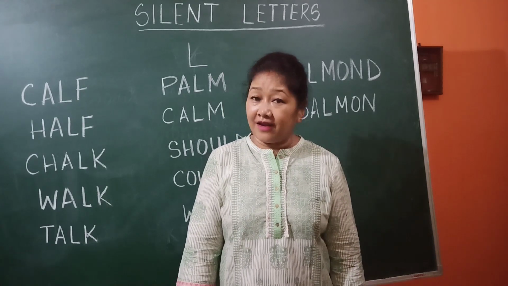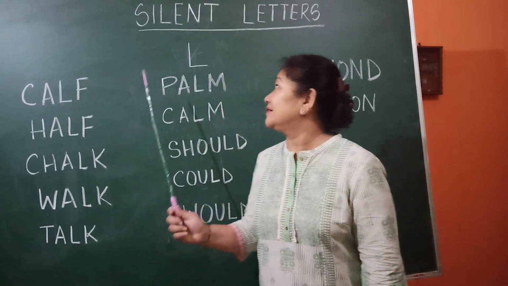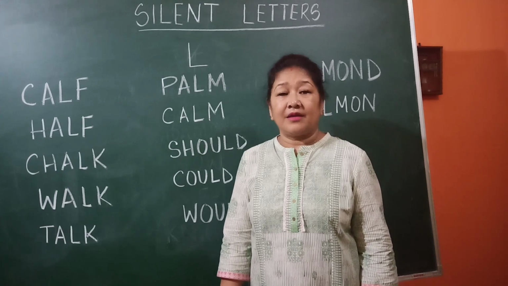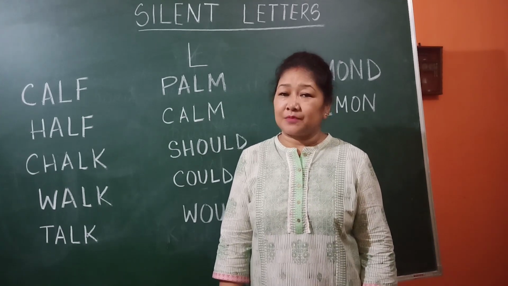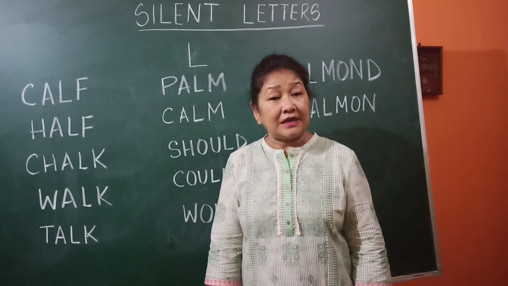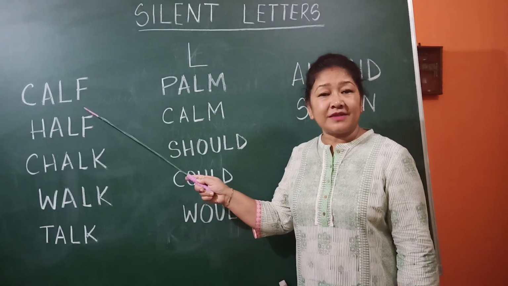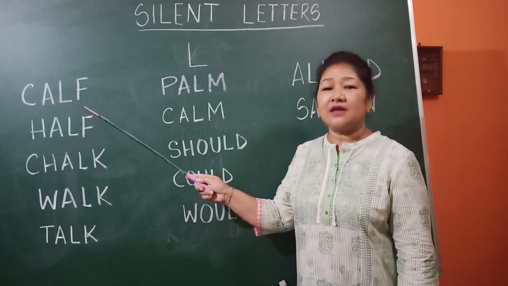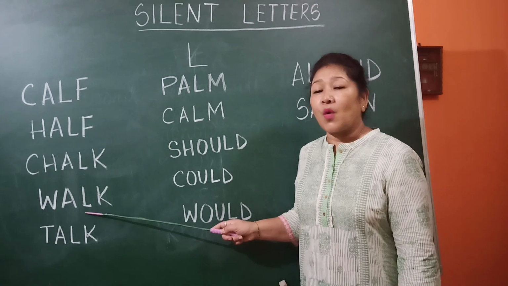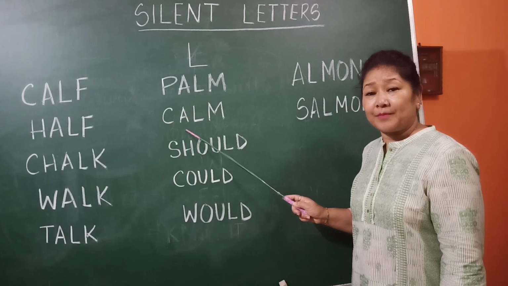Now, the letter L. There is no real rule regarding the letter L. Most of the time, we pronounce the L, but you need to know the exceptions. There are some words in which we generally don't pronounce the letter L. For example, calf, half, chalk, walk, talk, palm, calm.